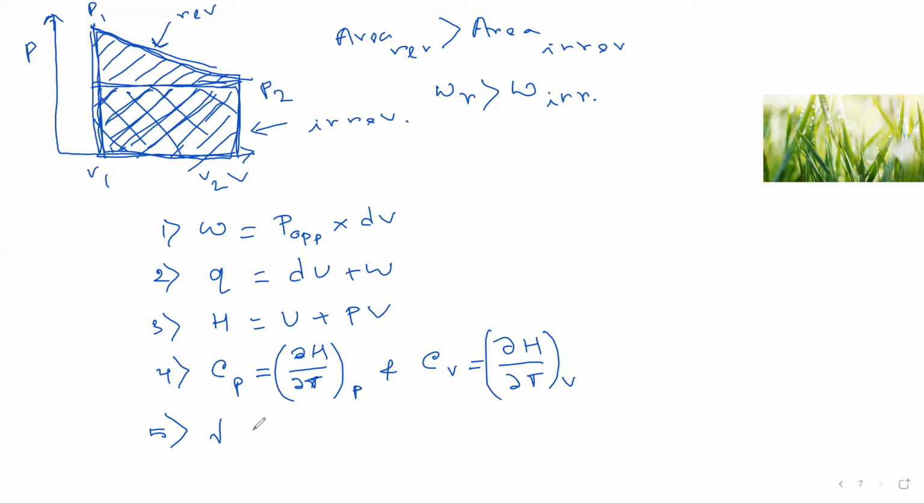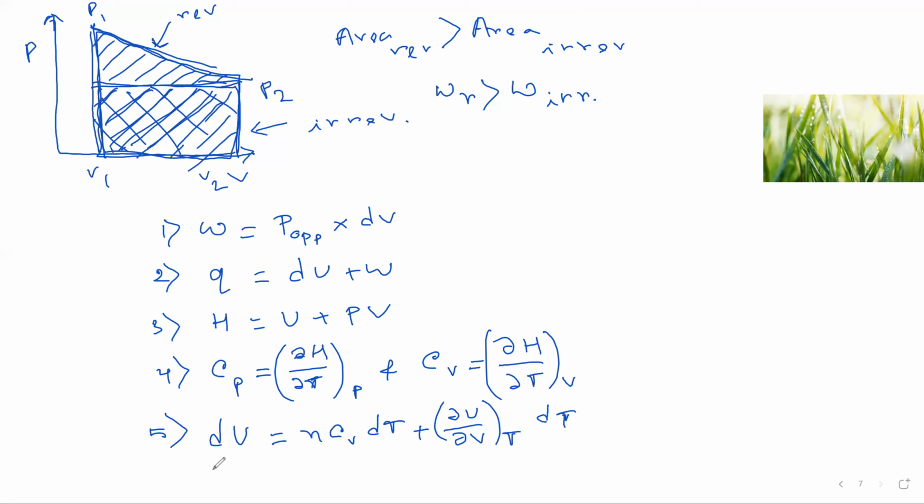So dU, the change in internal energy, is equal to nCv dT plus del U del V at constant T dV.